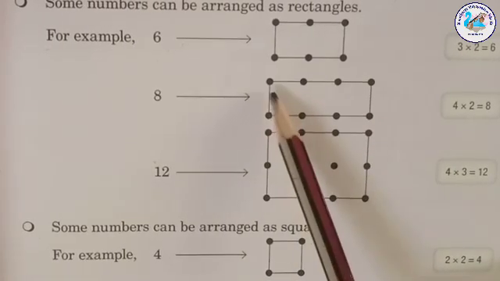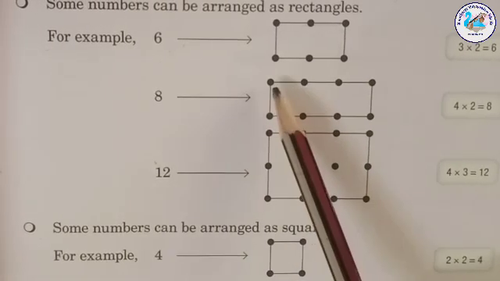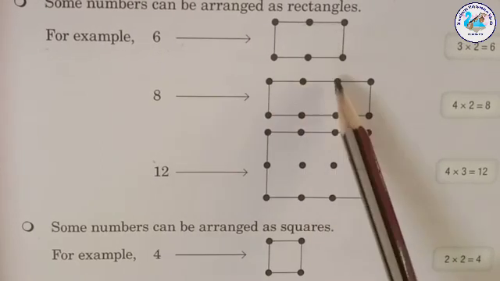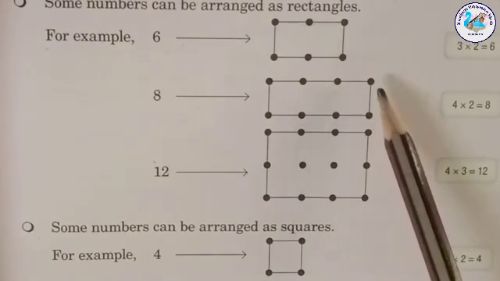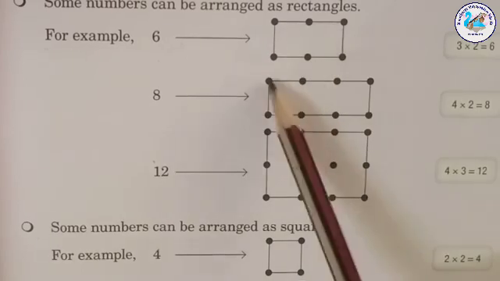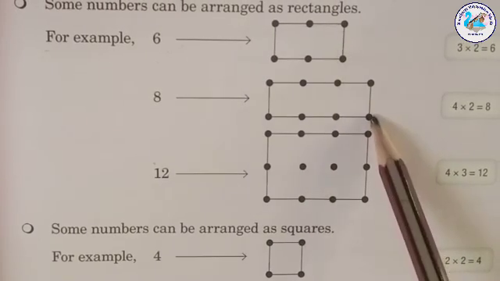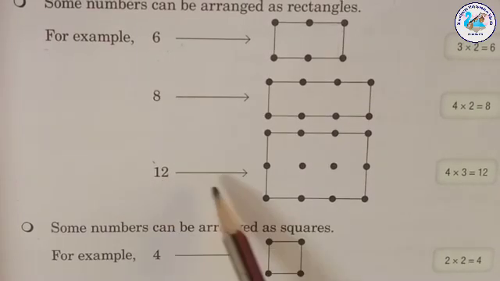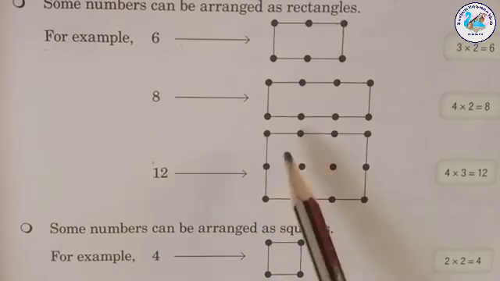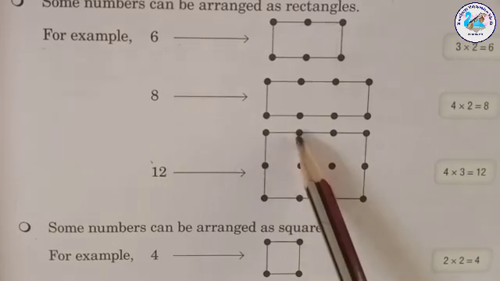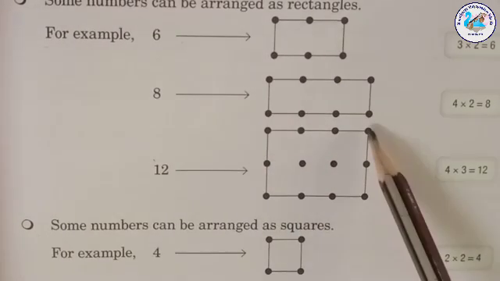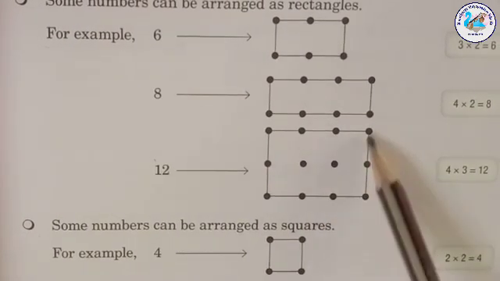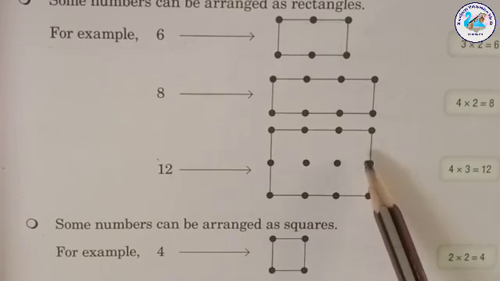Here the horizontal line uses 4 dots, 1, 2, 3, 4, and the vertical 2 dots. So 4 into 2 is equal to 8. In the same way, number 12 can be arranged as a rectangle, with 4 dots in the horizontal line and 3 dots in the vertical line. So 4 into 3 is equal to 12.